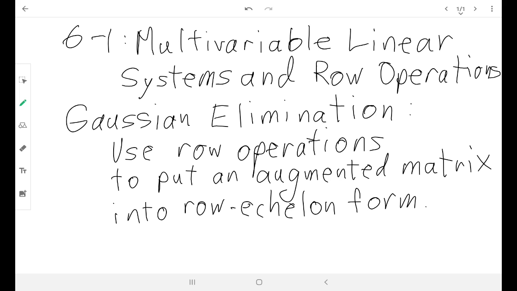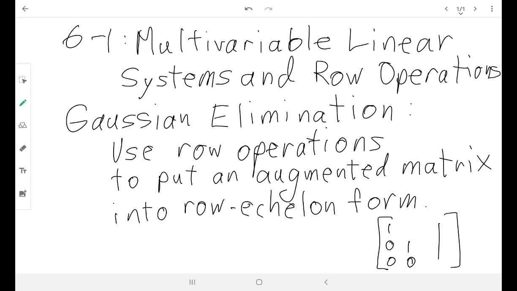Row echelon form is a form. We're going to have this weird matrix that kind of looks like that, and I'm going to go over more of it later. But row echelon form looks like this.